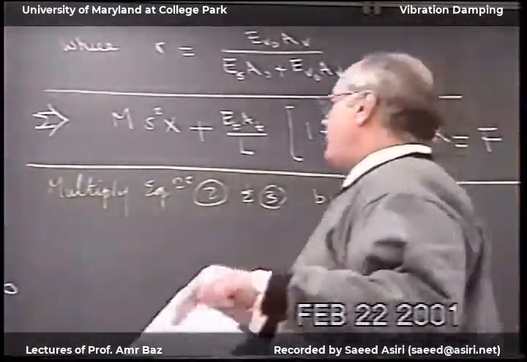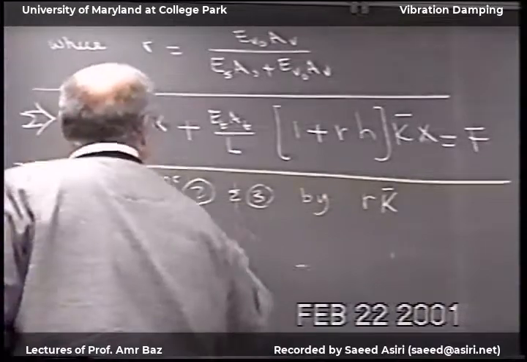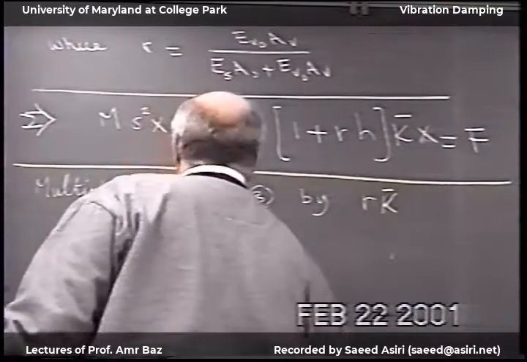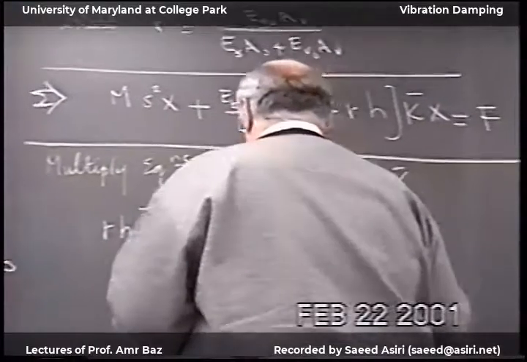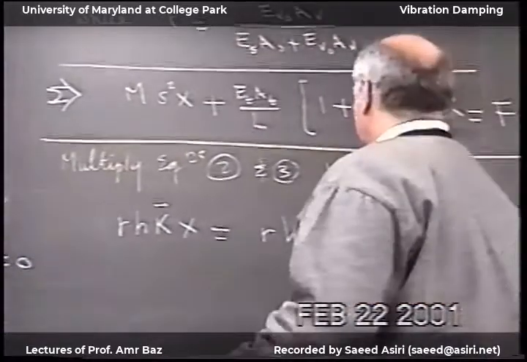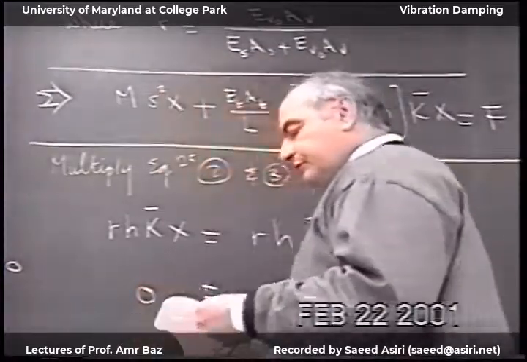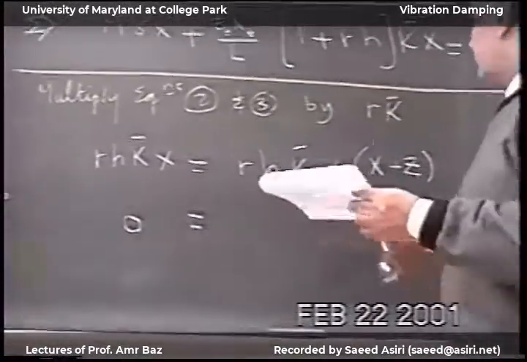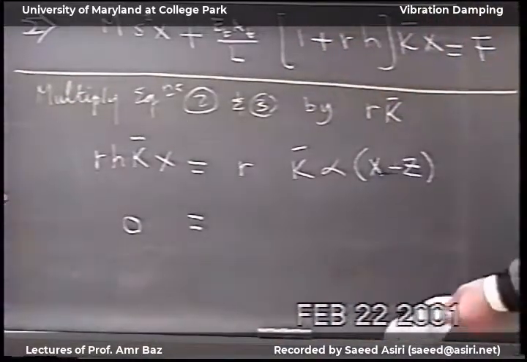So we have R H K prime X equal to R H K prime alpha, X minus Z, and the bottom equation is 0. Yes, sir. You get an extra H on the right side. Yeah. Okay, so the bottom equation.